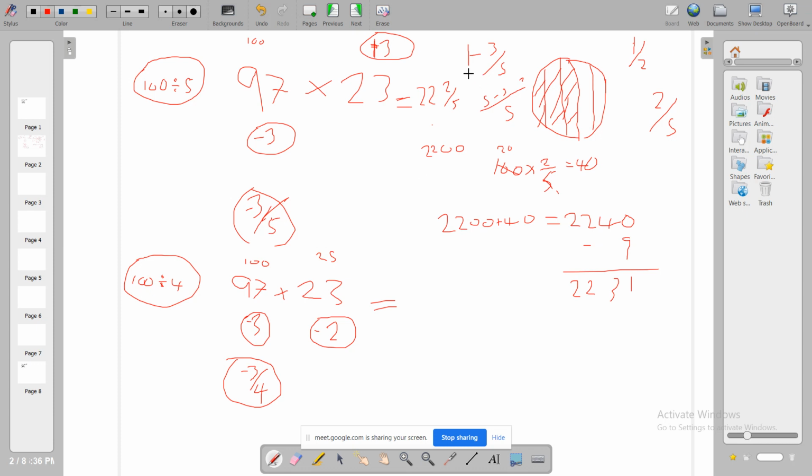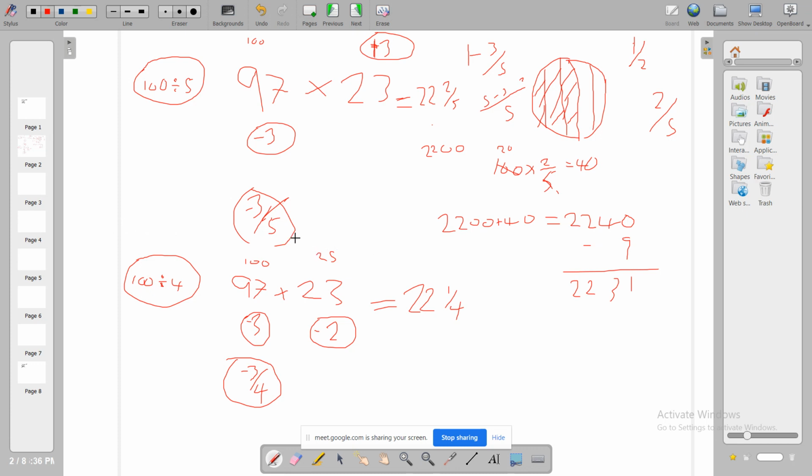I did this one for you to see. It should be 22 and 1 over 4, right? Because the shaded portion, there is a whole circle divided by 4, and you've taken 3 out of 4, so it will be left with 1 out of 4. So here we are going to have 22 and 1 over 4 times 100.